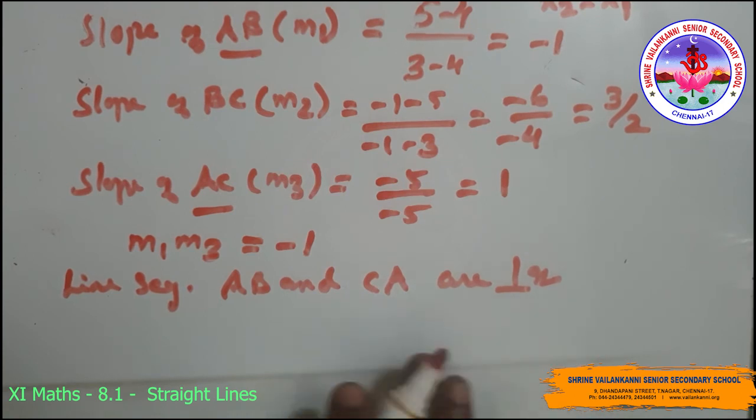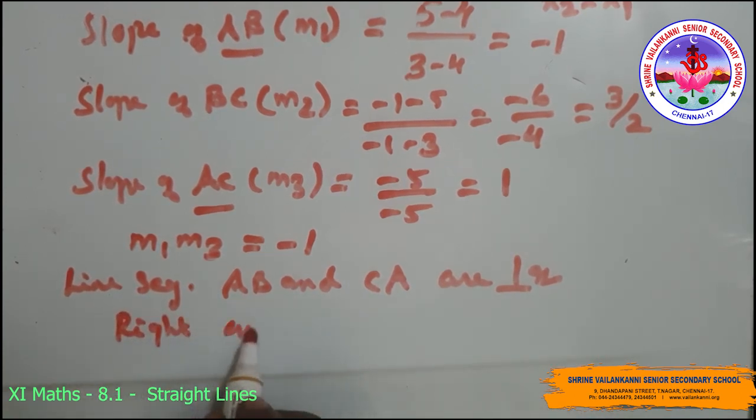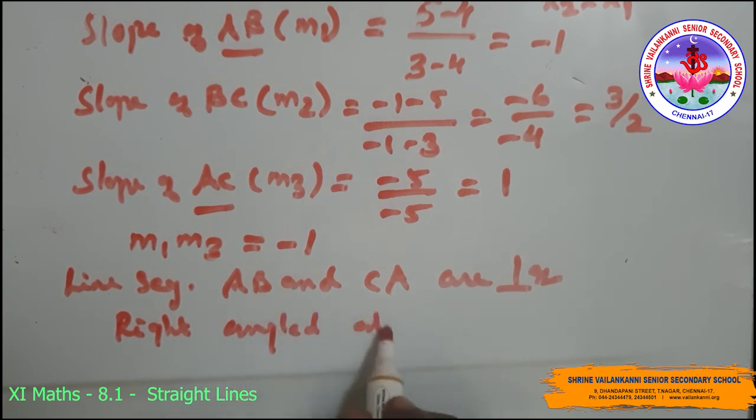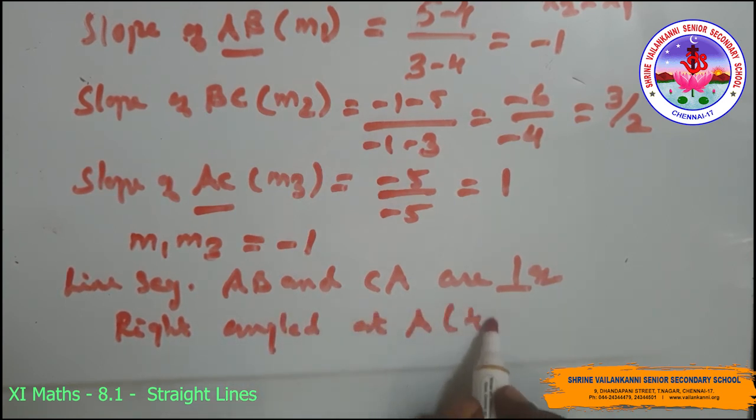That is, the given triangle is right angled at A (4, 4). Thus the points (4, 4), (3, 5), (-1, -1) are the vertices of a right angle triangle.